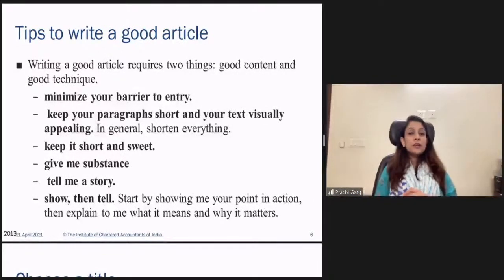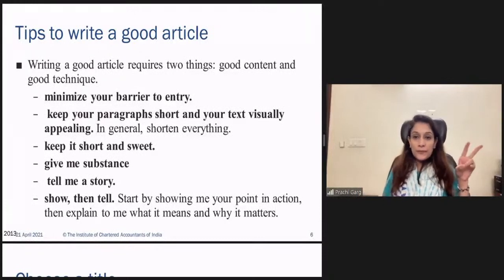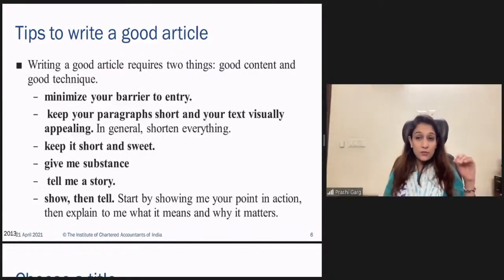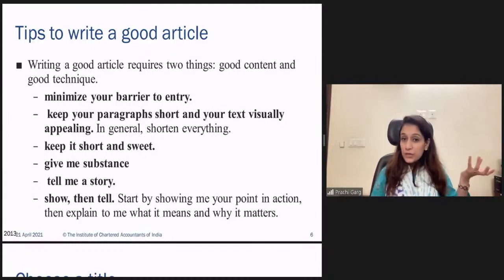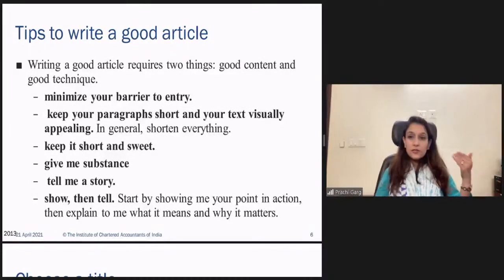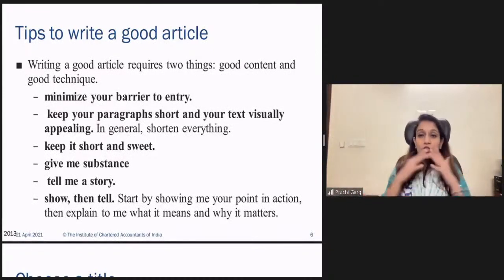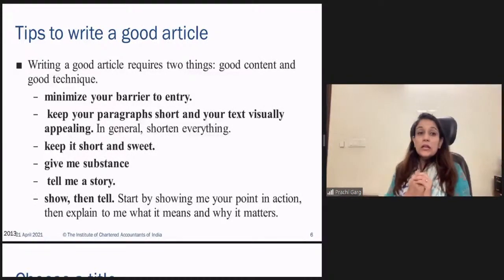Writing a good article requires two things: good content and good technique. Good content means your information should be good, well checked, authenticated, and something new to everyone. And technique is how you want your article to flow, which technique you're following, and what kind of thing you want to do.